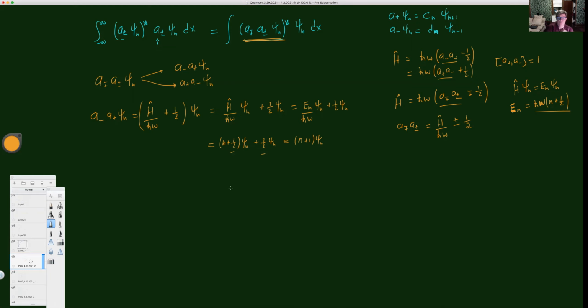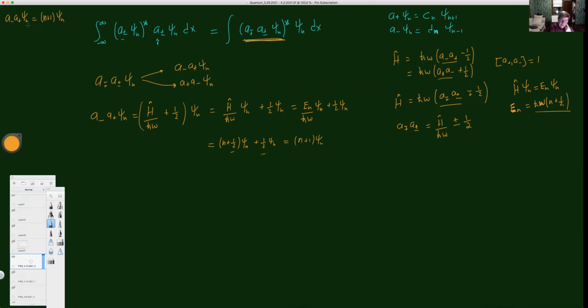Okay, so that's what this a minus a plus psi n gives us. Let's write that up here. a minus a plus psi n is equal to n plus 1 psi n.